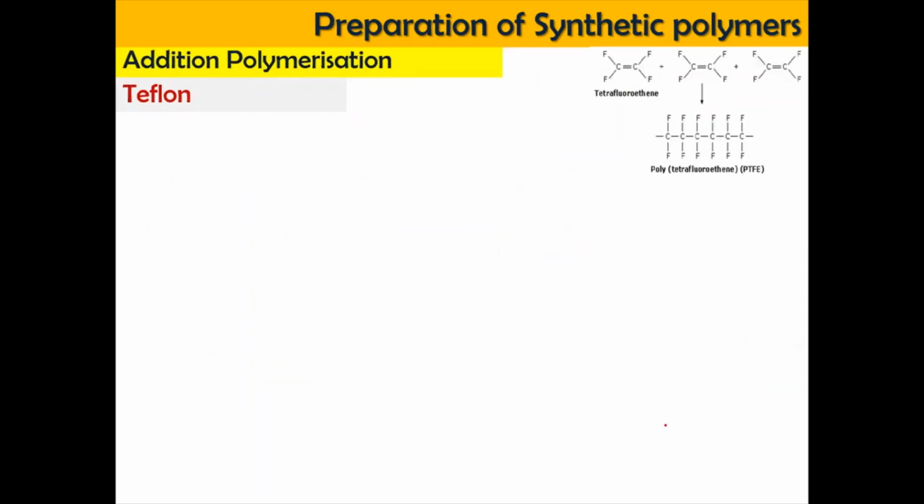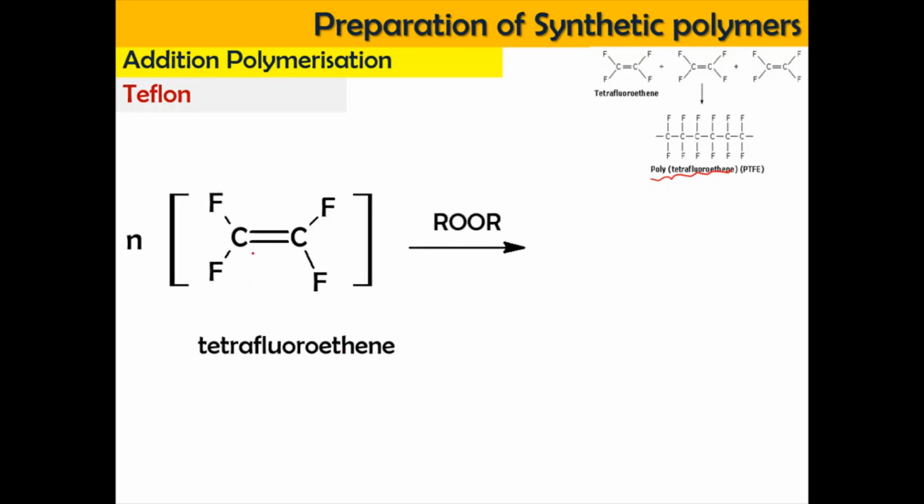Okay, now we're going to look into Teflon. So Teflon basically has the same meaning as polytetrafluoroethene. So tetrafluoroethene means that it is an ethene, but it consists of 4 fluorine atoms. So with the presence of peroxide, the carbon-carbon double bond is going to break apart in order to form a carbon-carbon single bond.